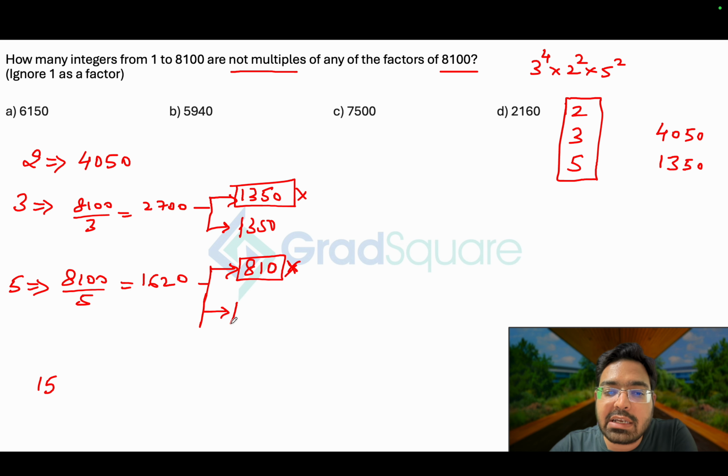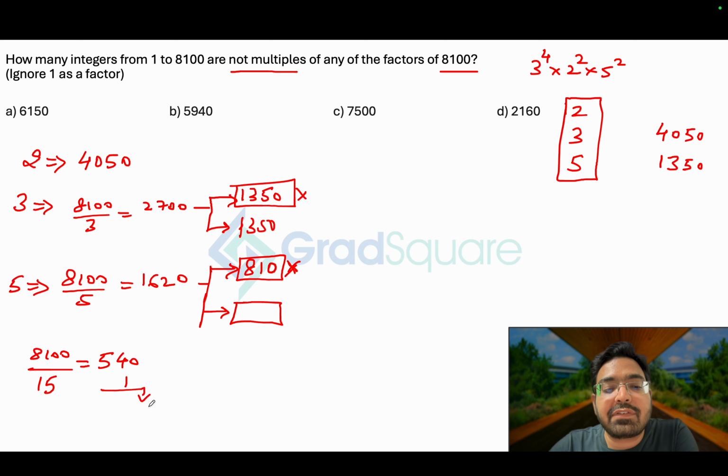So I'm counting over here odd multiples of 15. Let's check how many multiples of 15 are there in 8100. If I look at the multiples of 15, 15 fives are 75, then you have 15 fours are 60. So you have 540 multiples of 15. Out of these 540 multiples, 270 will be even multiples and 270 will be odd multiples. Even multiples have already been removed, so I'm not going to remove these.